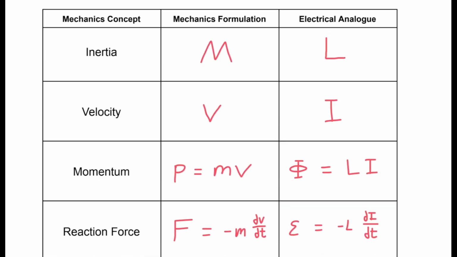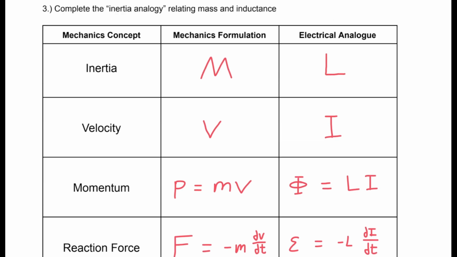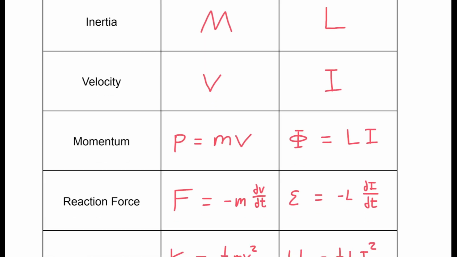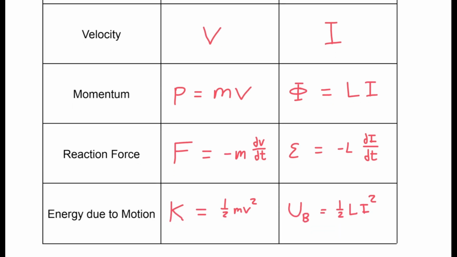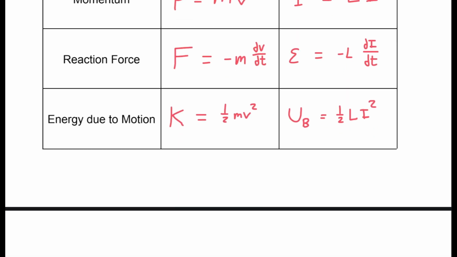So notice, just by constructing this analogy, we found a lot of equations that mirror each other. The main new one is that the momentum equivalent would be flux. And by changing momentum, you get this sort of reaction force, or reactionary EMF. And this is also giving us the claim that we have this kinetic energy-like term for the energy stored in the magnetic field.